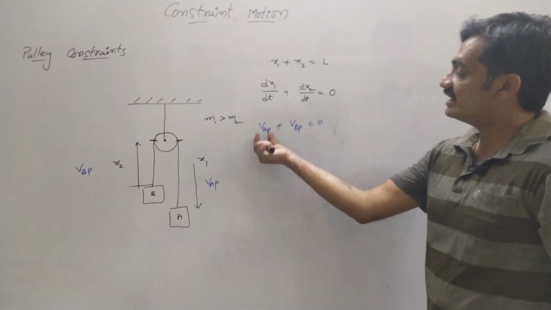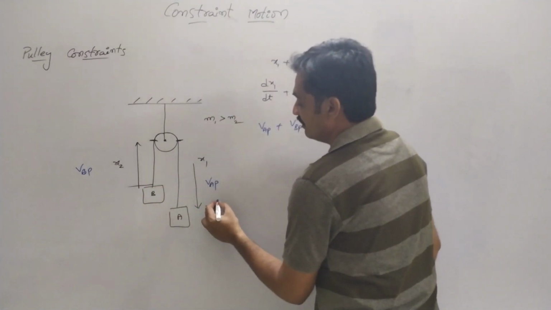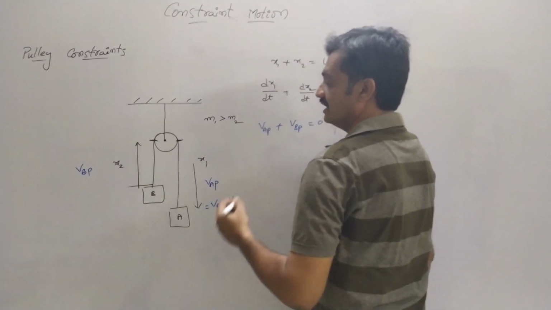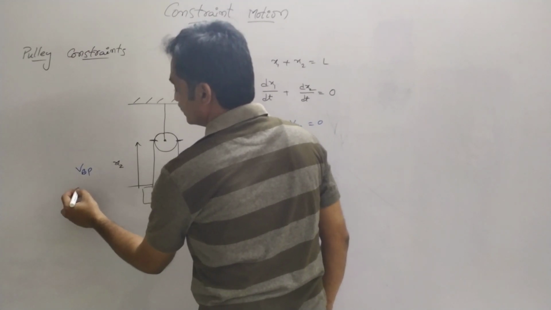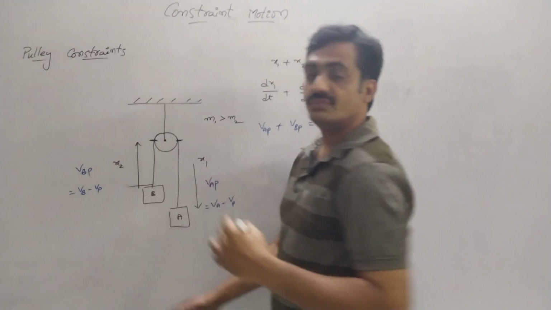Here we can represent V suffix AP as the velocity of block A minus the velocity of the pulley. In the same way, we can represent V suffix BP as the velocity of block B minus the velocity of the pulley.